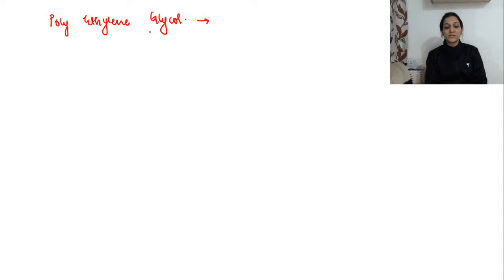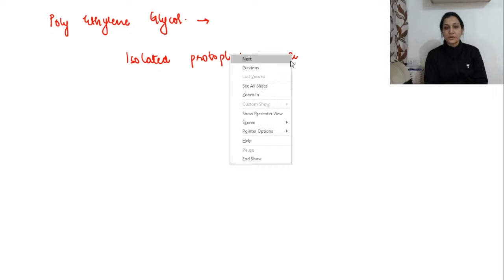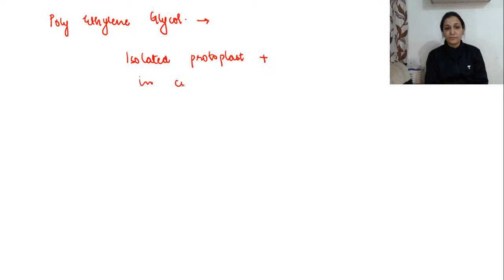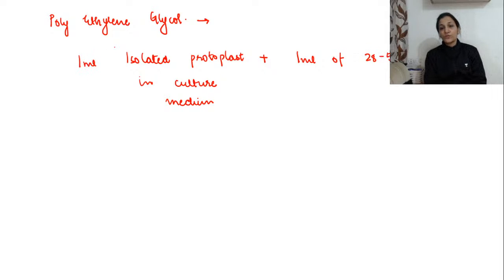The isolated protoplasts in the culture medium will be mixed with an equal volume, 1 ml of isolated protoplast in culture medium and 1 ml of 28 to 56% polyethylene glycol.